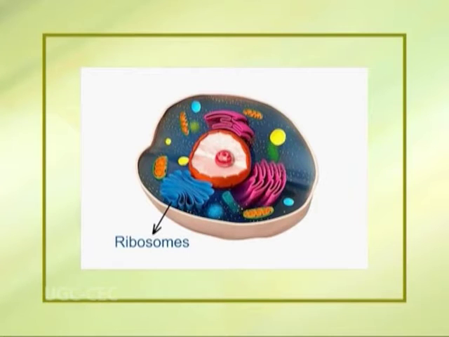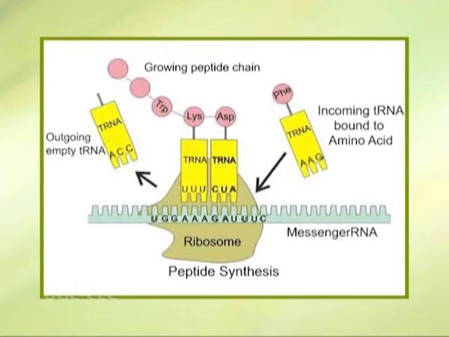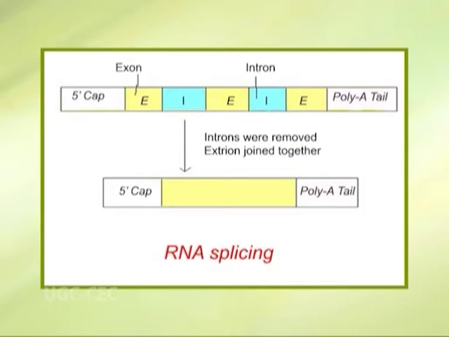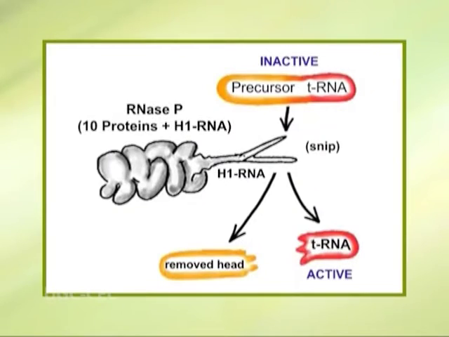Ribozymes are found in ribosome where they join amino acids together to form protein chains. Ribozymes also play a role in other vital reactions such as RNA splicing, transfer RNA biosynthesis, and viral replication.